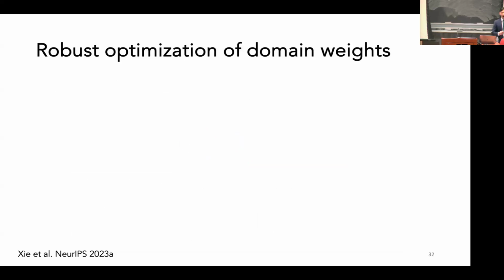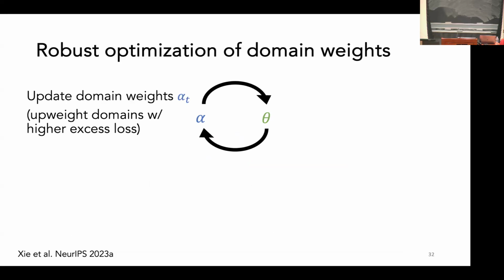So how do we actually optimize this objective? In general, we do this alternating optimization loop between the domain weights and the model parameters. We first update the domain weights, alpha t, in such a way that upweights the domains with higher excess loss.